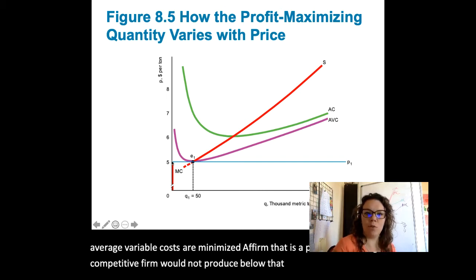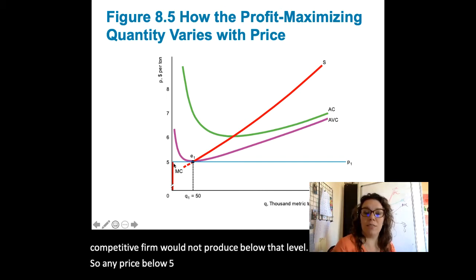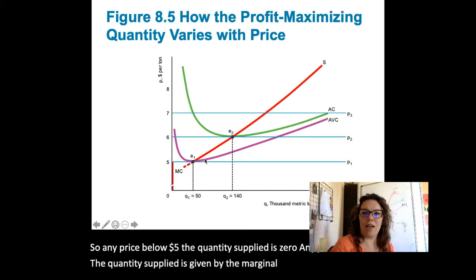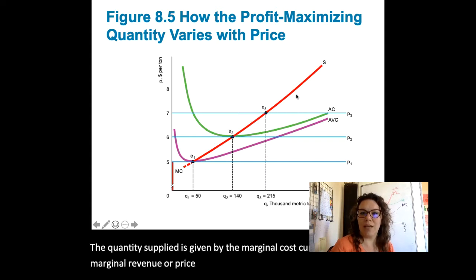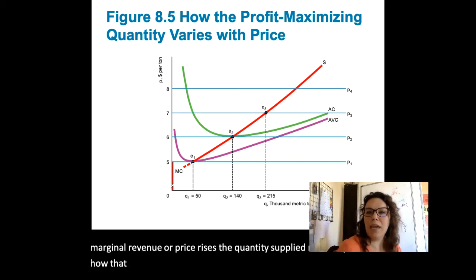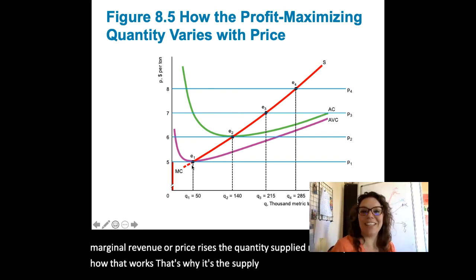So any price below $5, the quantity supplied is zero. Any price above $5, the quantity supplied is given by the marginal cost curve. So as the marginal revenue or price rises, the quantity supplied rises. Do you see how that works? That's why it's the supply curve. It tells us as prices rise what the quantity supplied is.